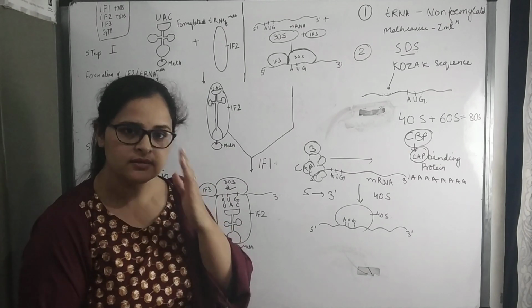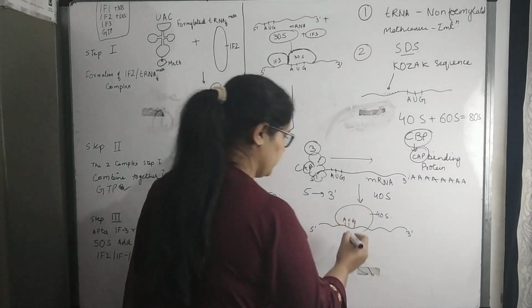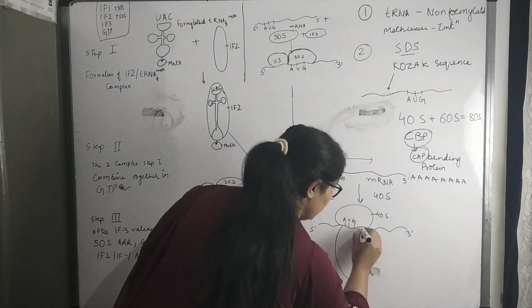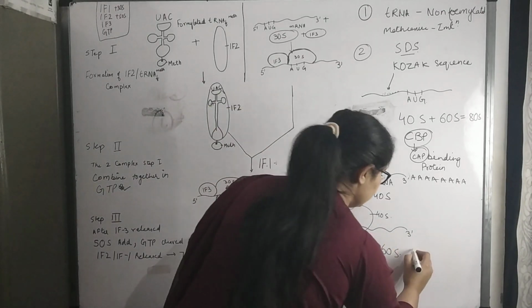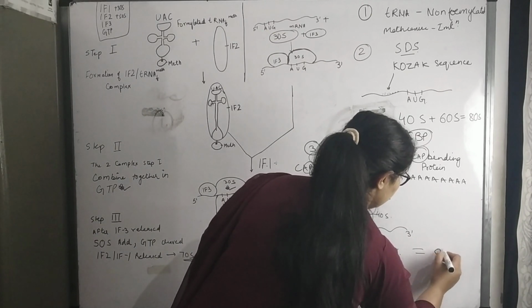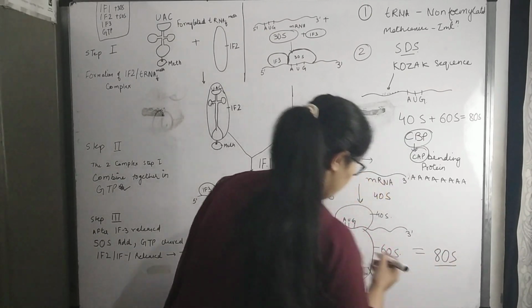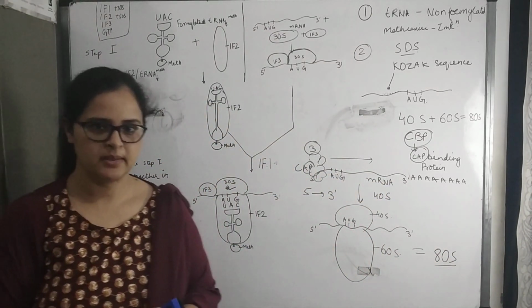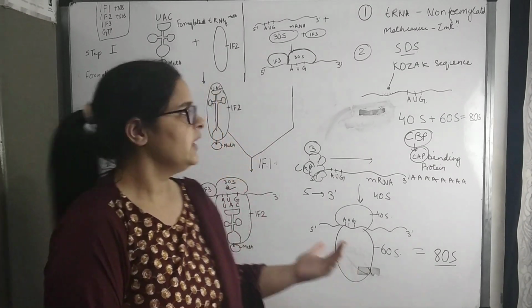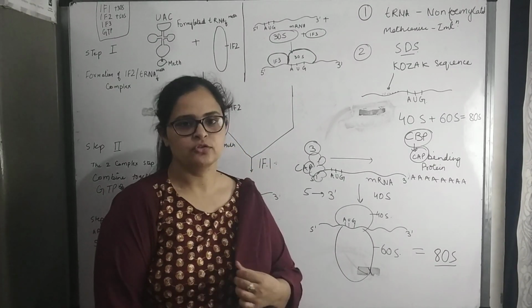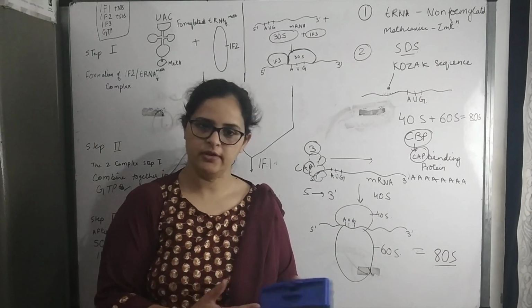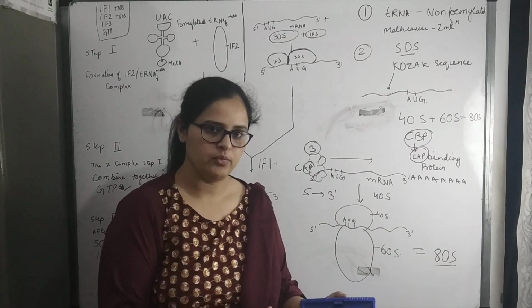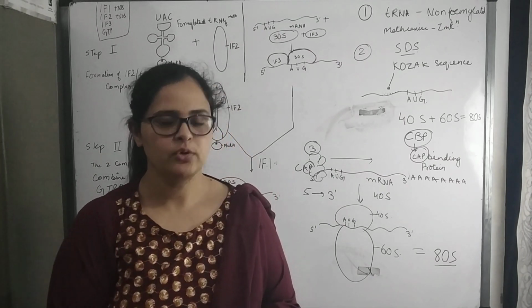Once the 40S subunit is bound, the next step is the addition of the 60S subunit, which creates the total 80S ribosomal assembly in the eukaryotic system. So this is the difference in initiation between prokaryotic and eukaryotic systems.